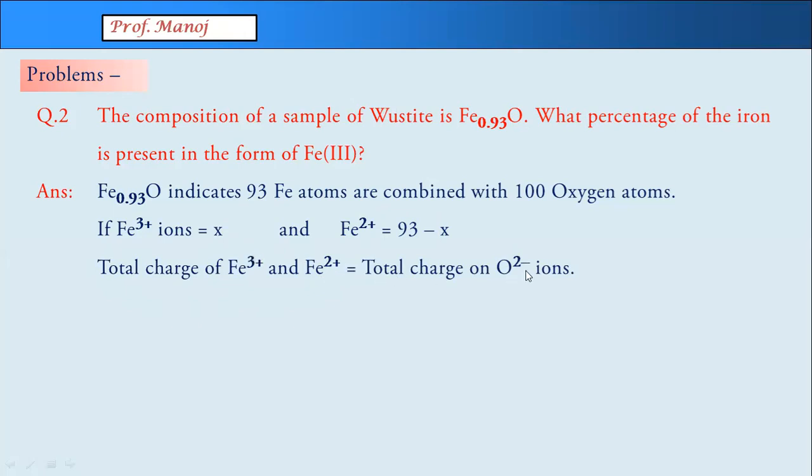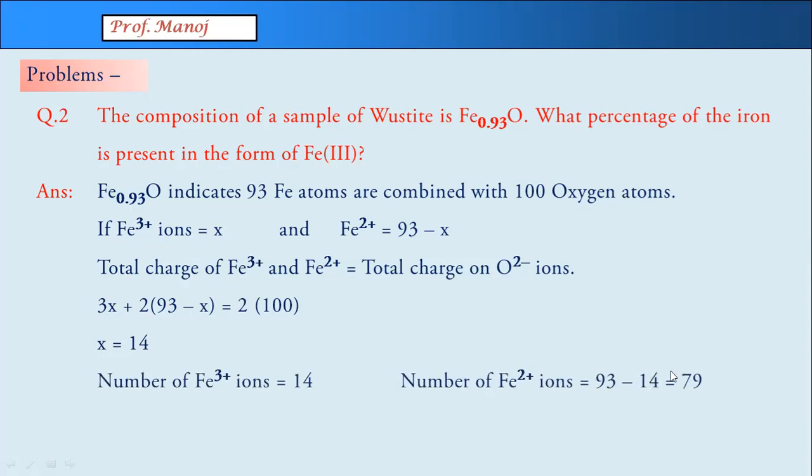It should match with the total charge of all the anions. अभी काउंट करो, Fe plus 3 का टोटल चार्ज कितना है? 3 into X. 3 charge, X ions, so 3X. 2 charge, 93 minus X. ऑक्सीजन का चार्ज 2 और 100 ऑक्सीजन. Solve this algebraic equation to get the answer for ferric ions. So ferric के 14 आयंस, फेरस के 93 minus 14 आयंस.